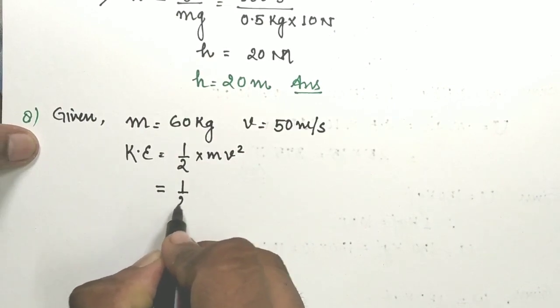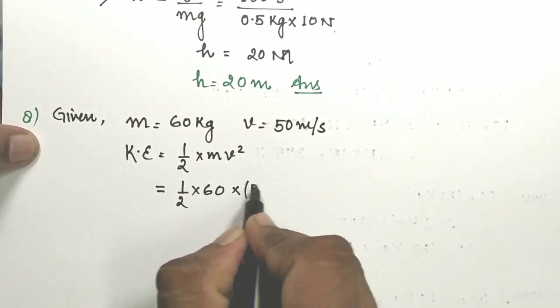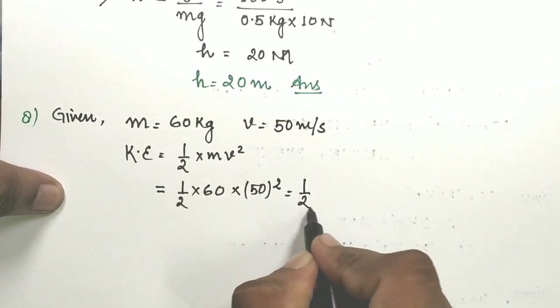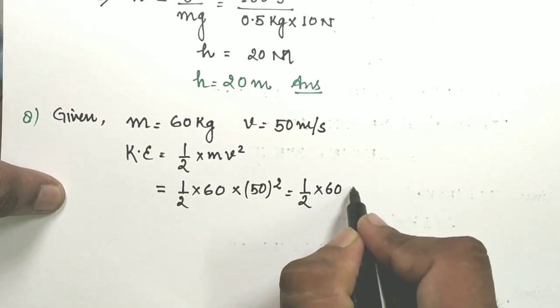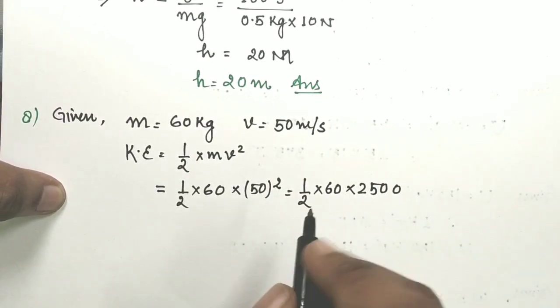Since mass is given as 60 and velocity is given as 50, it will be squared. So we can write 1 by 2 into 60 into 2500.